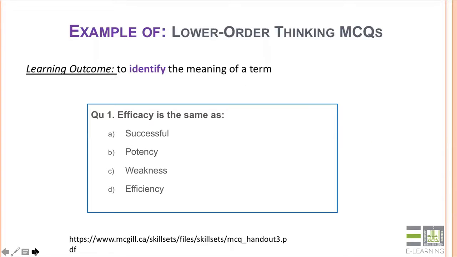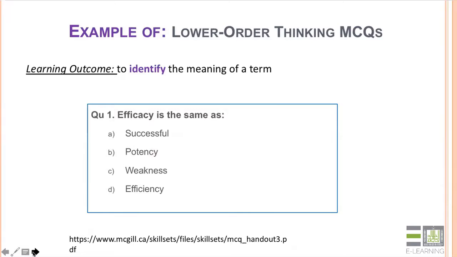An example would be to ask students to define what efficacy is. I've got my list of alternatives, and if they achieve the learning outcome, a student would be able to identify that the meaning of efficacy is option B, potency.